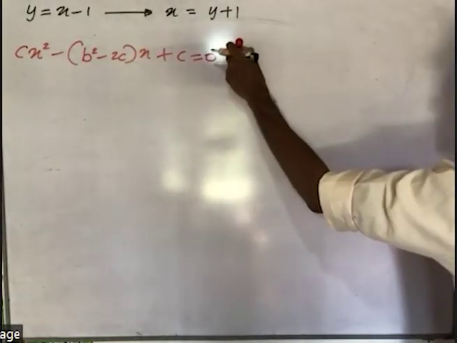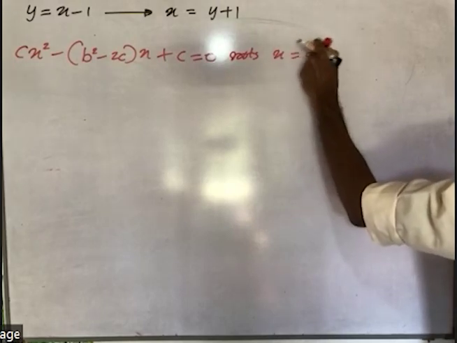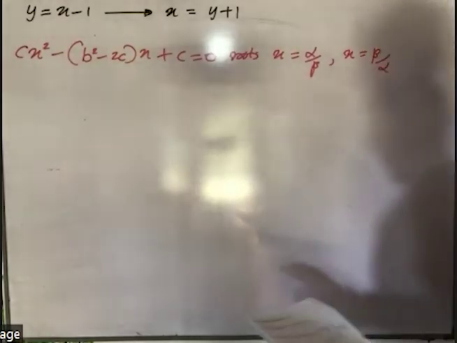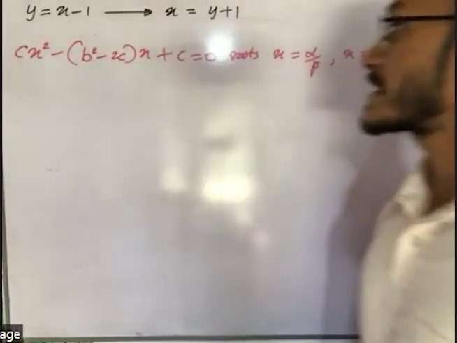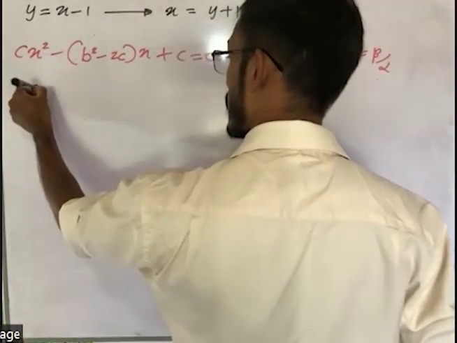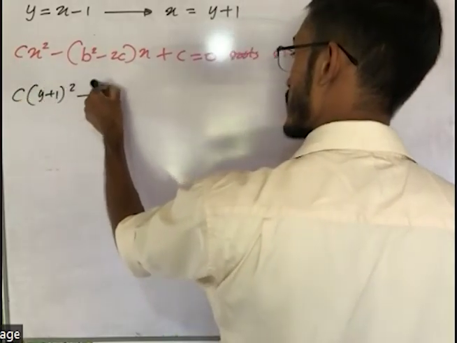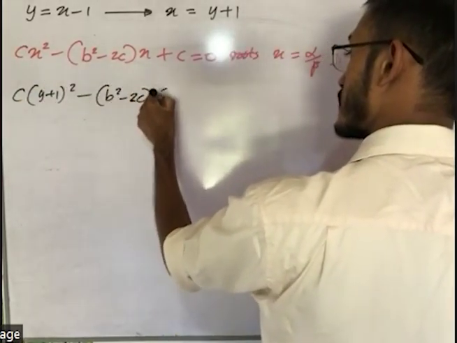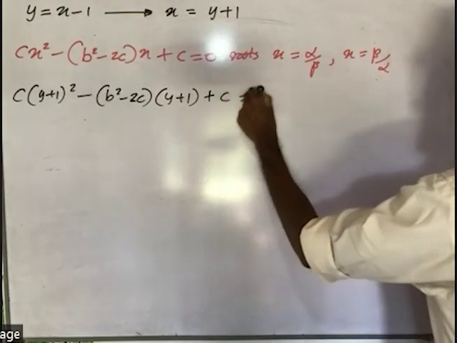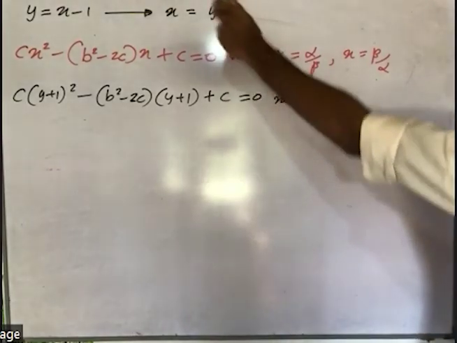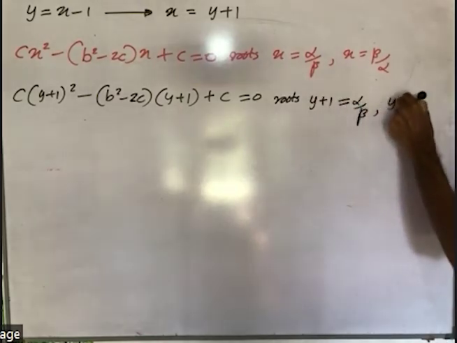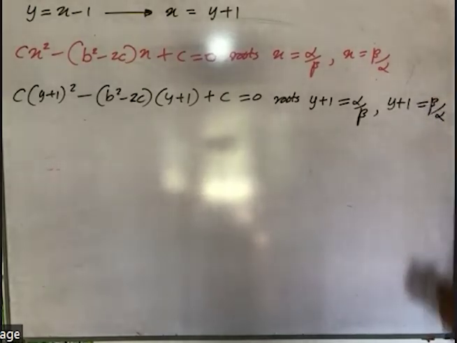So here roots are x equal to alpha over beta, comma x equal to beta over alpha, right? So now I'm going to convert the x value to a y value. So we know that x equal to y plus 1. Then c, instead of x, write down y plus 1 square minus b square minus 2c, instead of x, write down y plus 1, plus c equal to 0. Here also roots, instead of x, write down y plus 1 equal to alpha over beta. Here y plus 1 equal to beta over alpha.